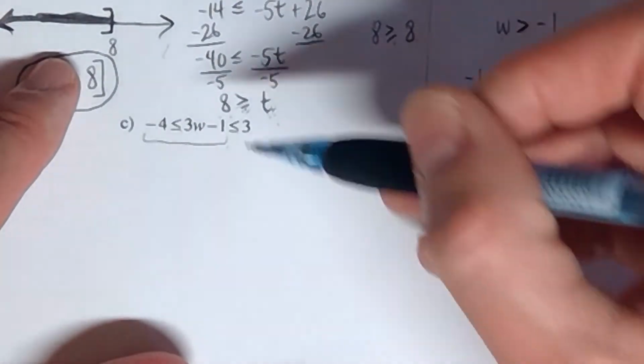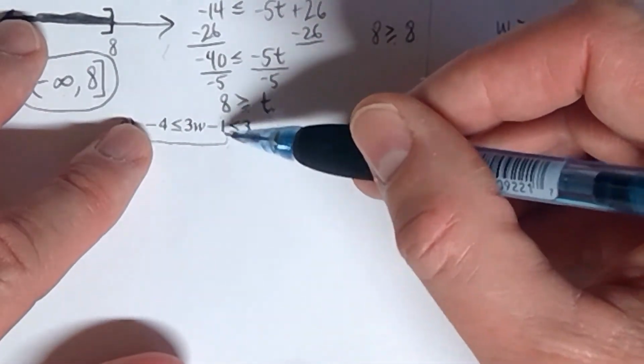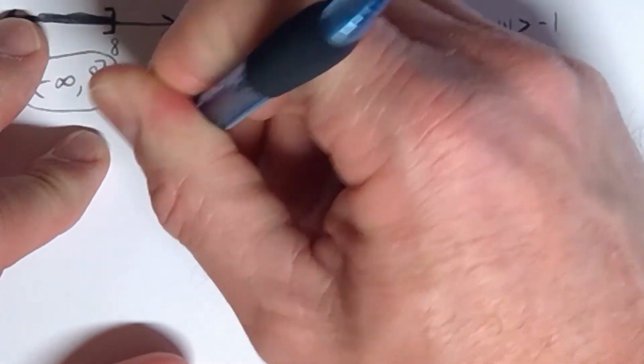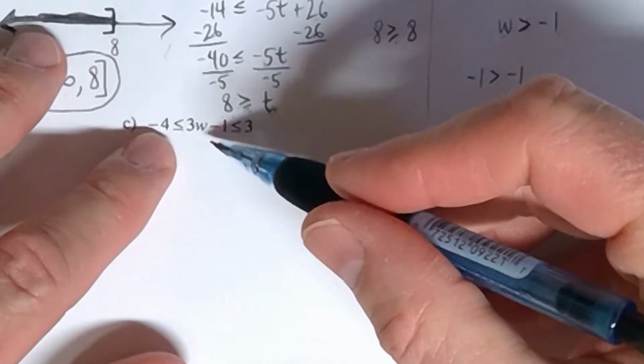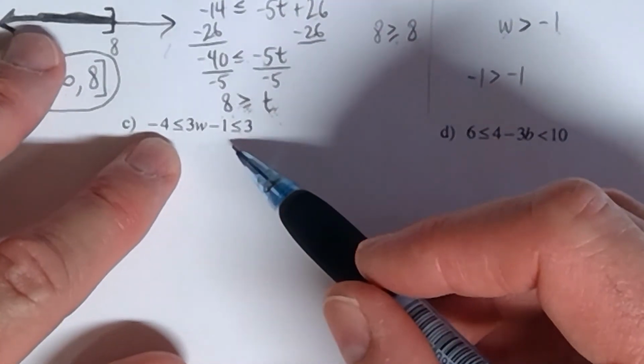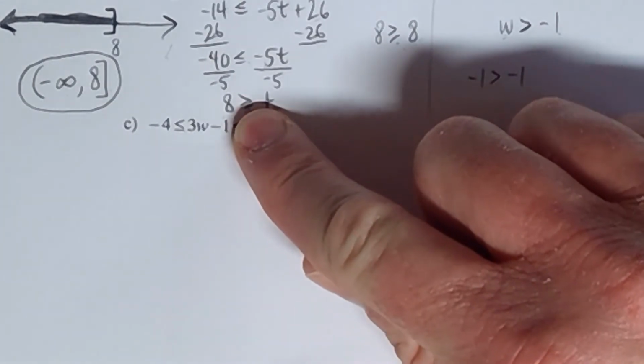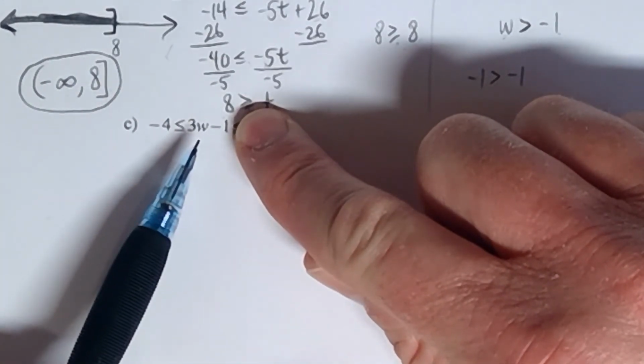And I want you to pretend that we just have these two parts and I'm asking you to solve that. What steps would you do if you did not have the 3 right there on the far right and you were just looking at negative 4 and 3w minus 1? Okay, again, pretend like that's not even there. What would you do to get w by itself right there?